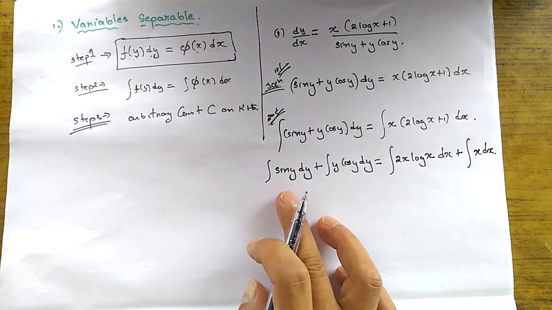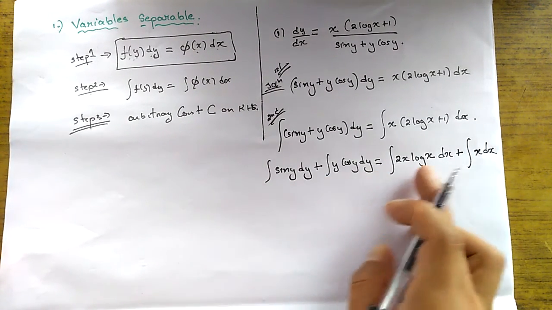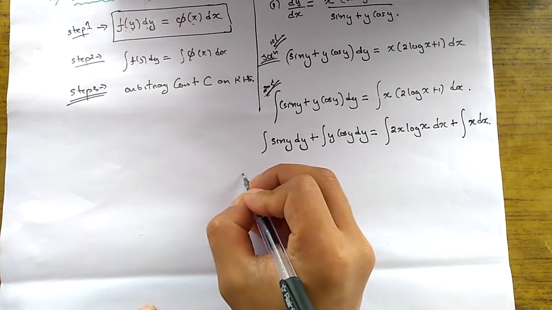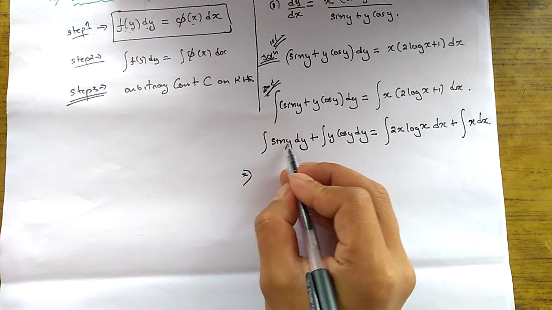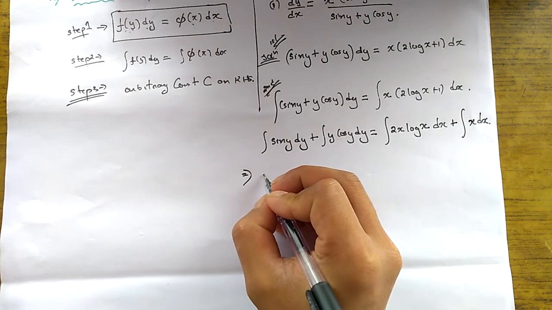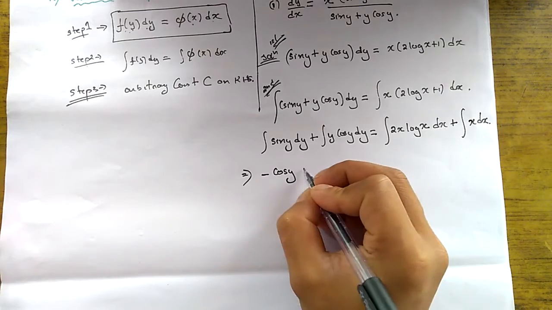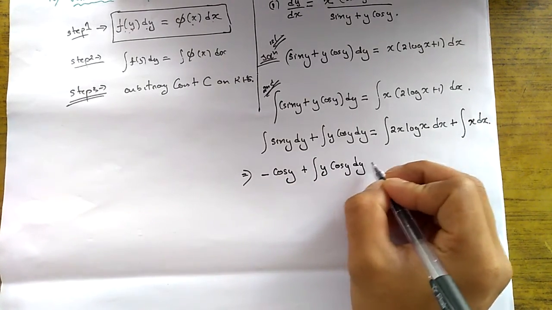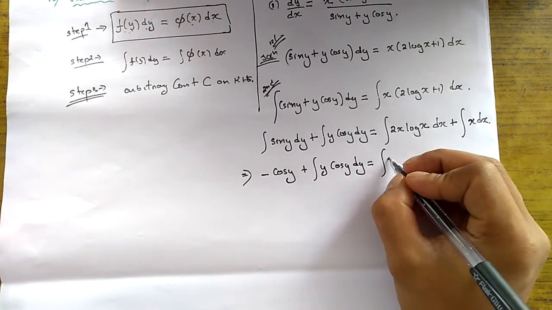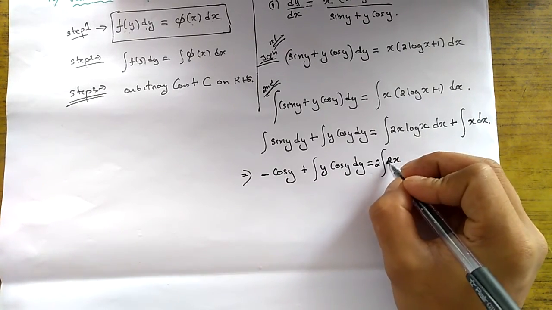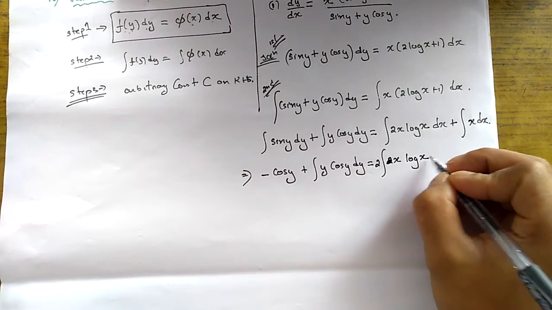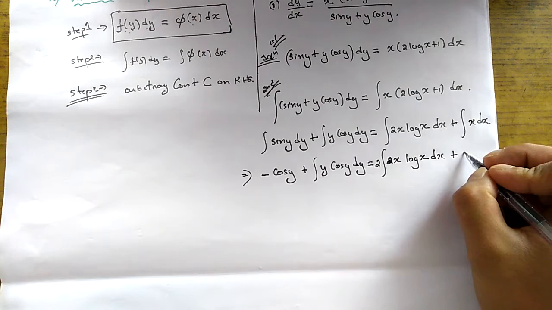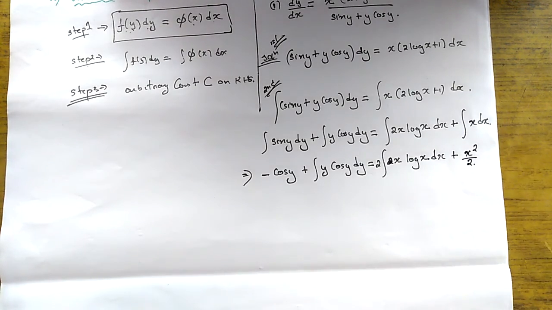So now we have four integrals. How do we integrate these? I believe we already know the integral of sine y d of y will be minus cos y. Plus, you just keep y cos y d of y as it is, and this one you just keep as it is, taking 2 outside, log of x d of x. Plus, if you integrate x, it will be x squared by 2.